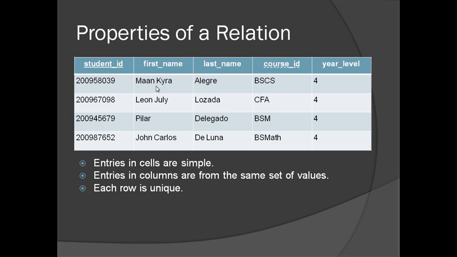Third property, each row should be unique. Why do rows have to be unique? Let's say, for example, that we had 2 copies of this last row here. This record with student ID 2009-87652. Since the 2 records are identical, redundant, and not unique, both records will refer to one student only.